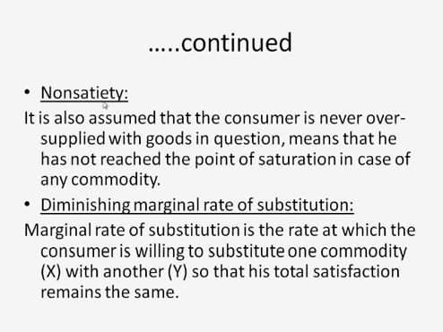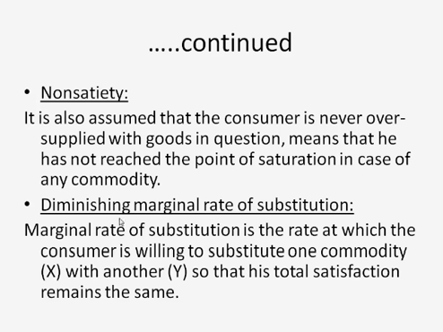This makes the consumer reach the point of saturation where he does not want to consume any more units of the commodity in question. So it is also assumed that the consumer is never oversupplied with the goods in question, meaning that he has not reached the point of saturation in case of any commodity.